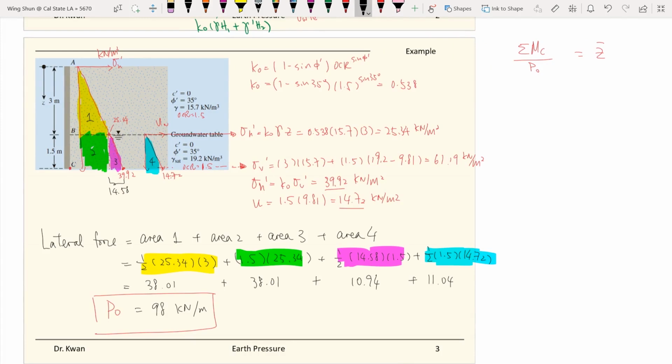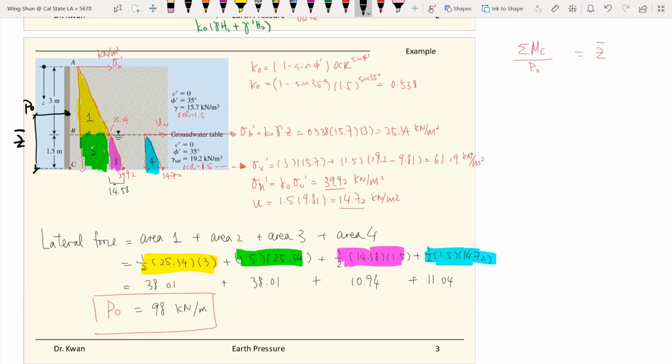So assume this is the point of application. This will be the location we try to find. Put it the other way: this is the force provided by the wall to the soil.